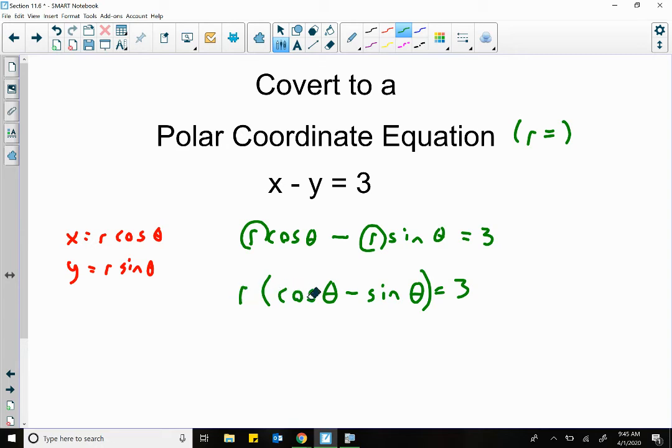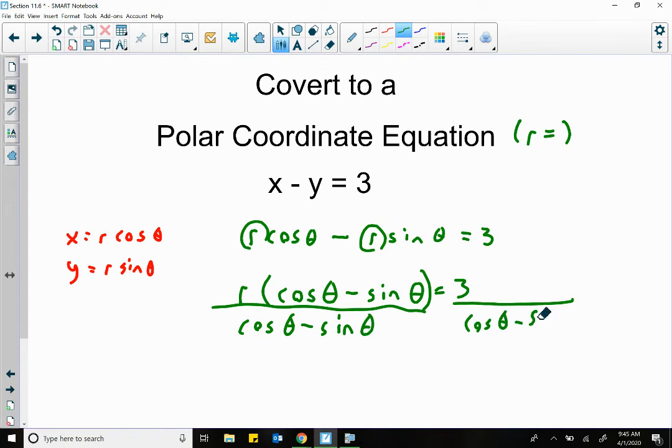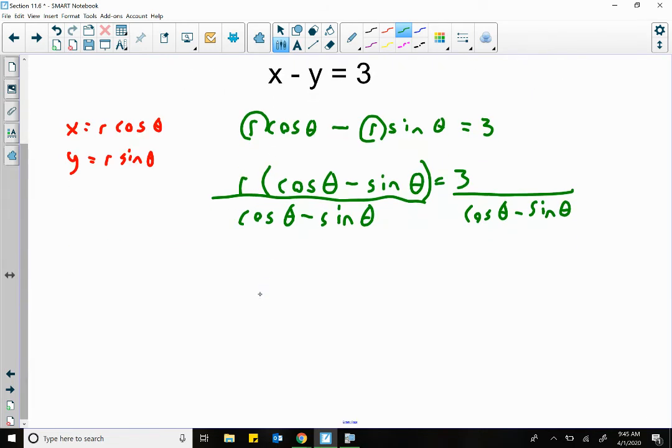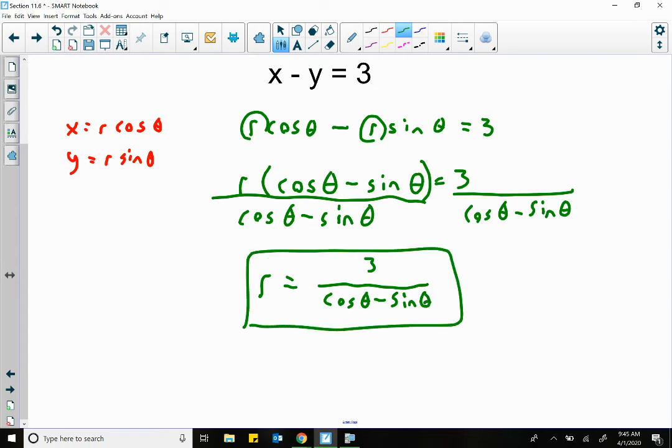How do I get rid of multiplication between these two? We're going to divide by cosine theta minus sine theta. So now we know what r is, and it is that simple for this one. r is equal to 3 over cosine theta minus sine theta. And that's the equation they want.